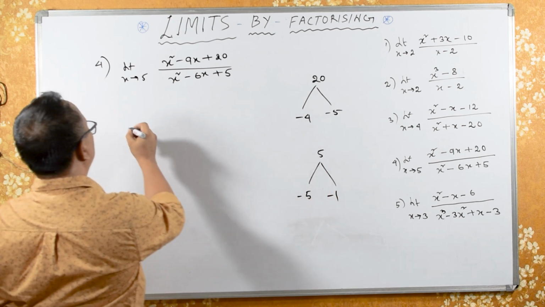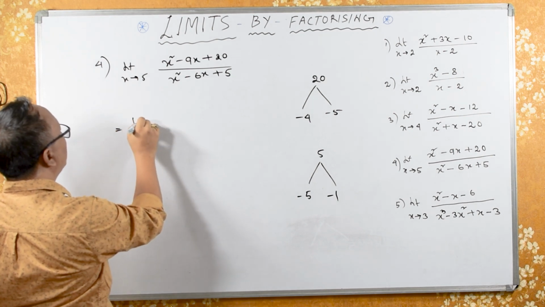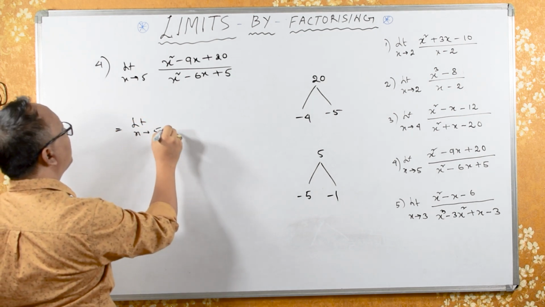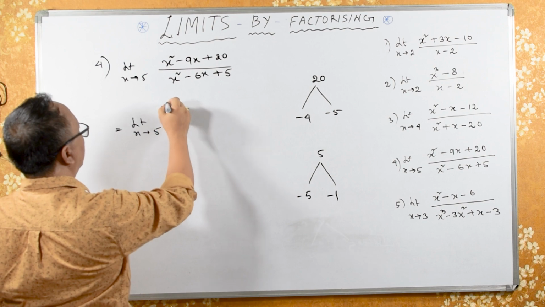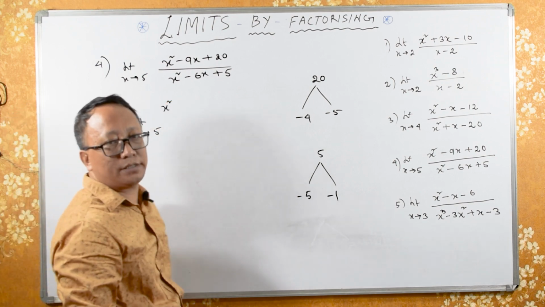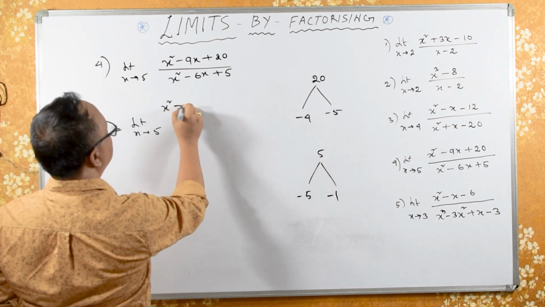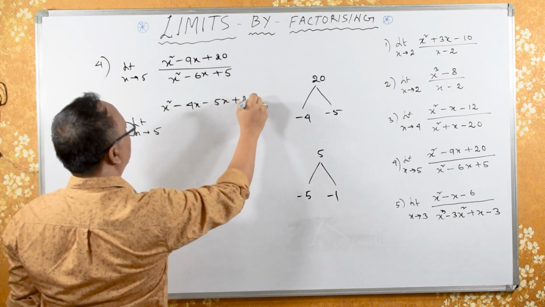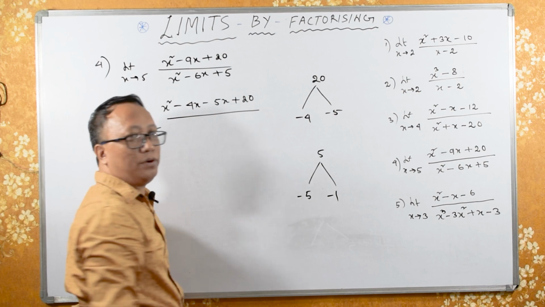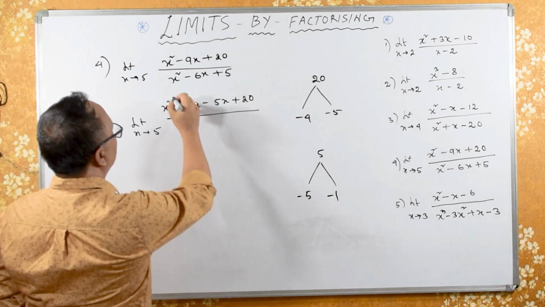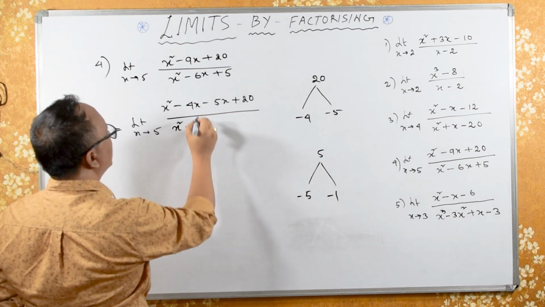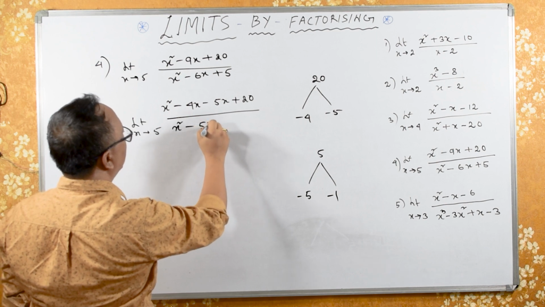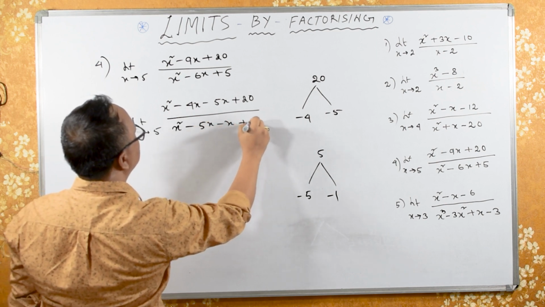Therefore, limit of x tends to 5, x square, instead of 9x, what we can do is minus 4x minus 5x plus 20, upon x square minus 5x minus x plus 5.